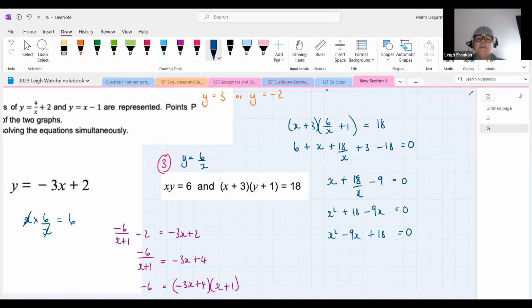Okay, now that I've done this, I should be able to factorize. So this is going to be x minus 6, x minus 3. So either x is equal to 6 or x is equal to 3.